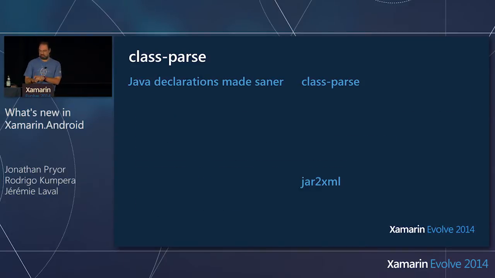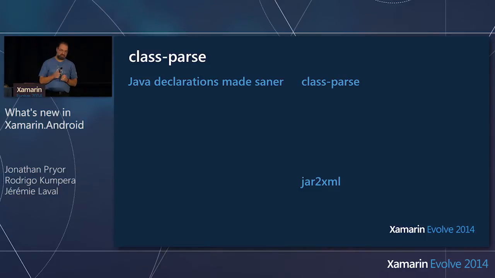So class-parse. If anybody was at my Android Java bindings talk at the last Evolve, you may remember, binding is a three-step process. You take your jar, you run it through a tool called jar.xml, and you get an XML API description, which is maddening to read.